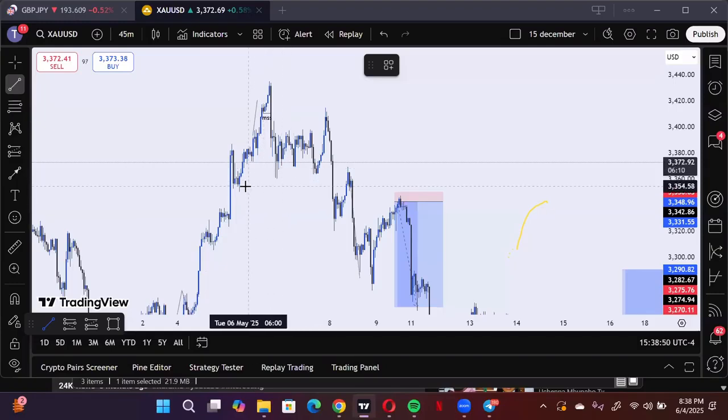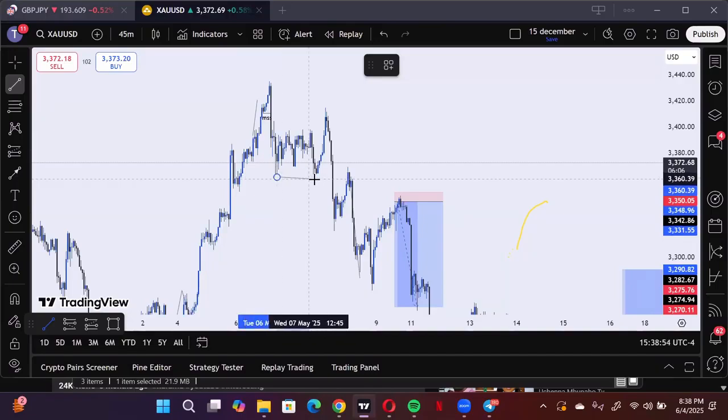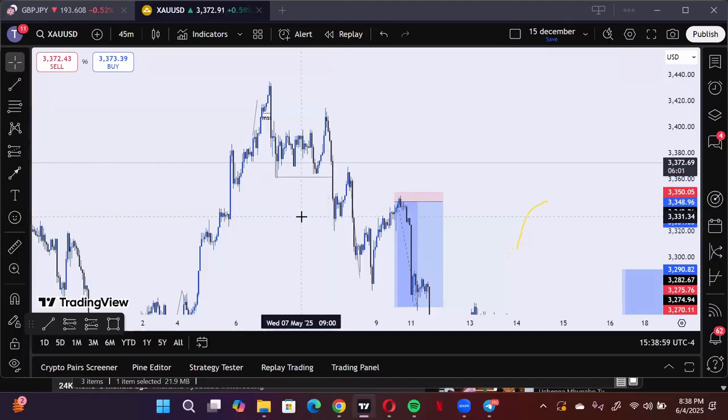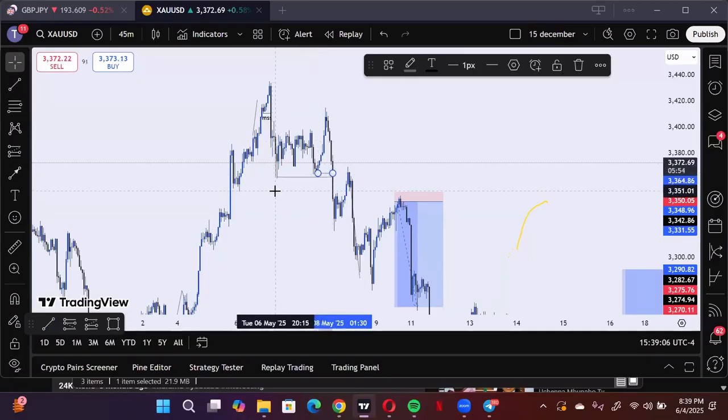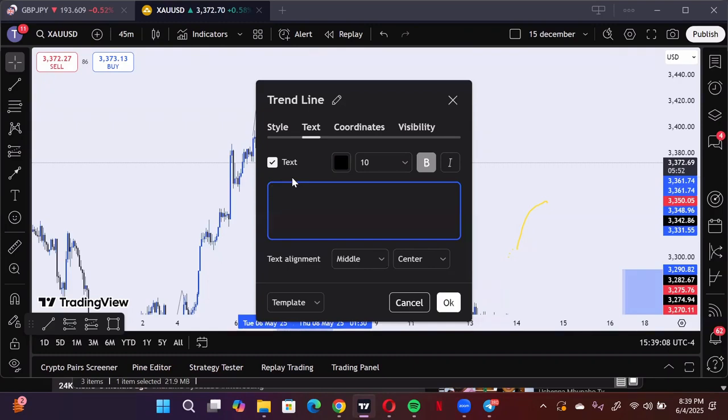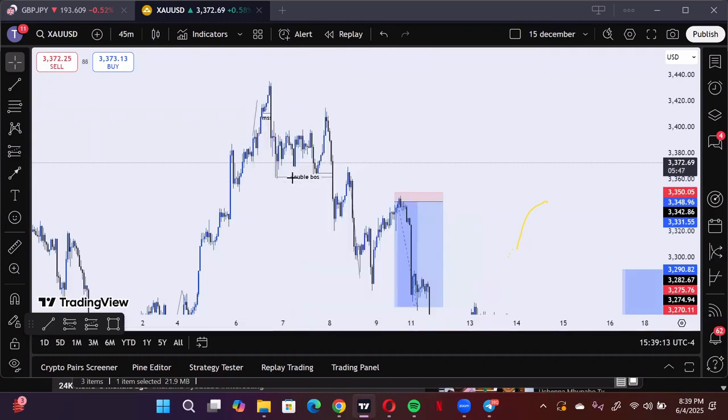A previously existing support level here, and also this previously existing low here. So when the market took out this recent low, while also taking out this previously existing low here, this is what you call a double break of structure. It sold and then took out this low, but it also took out a previously existing low here also. That is what you call a double break of structure.